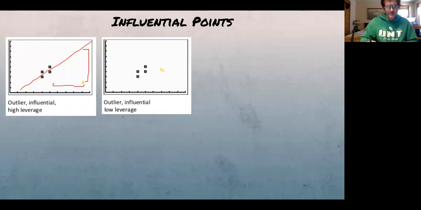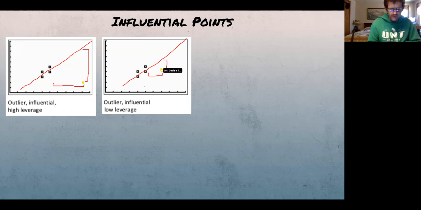All right, so let's see. Here's our trend line. Low leverage, because while it is separated, it's not majorly separated. So yeah, I think it's low leverage. An outlier. This is probably right at the edge of what we'd call an outlier, but I think that qualifies.